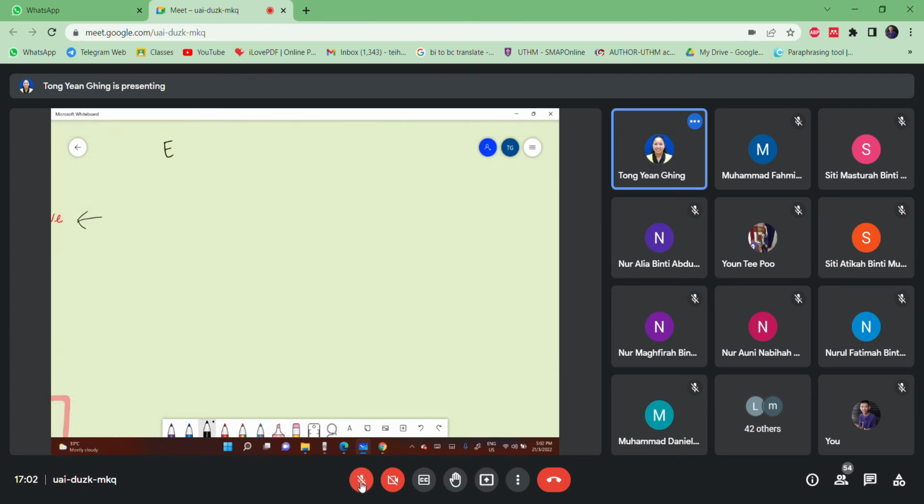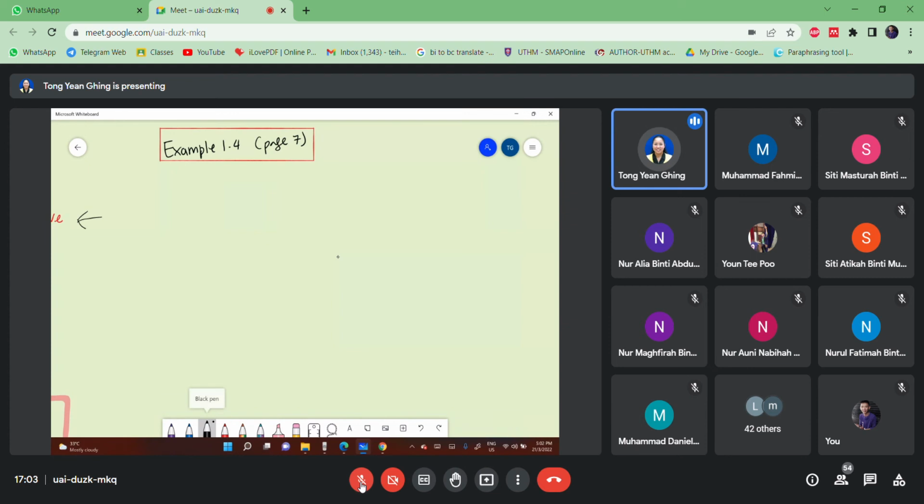So, example 1.4 in page 7. Awak ngantuk, awak beritahu saya lah. Kita stop dulu ke? Take 2 ke? Take 5 ke? Okay.